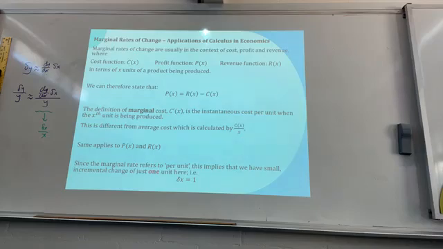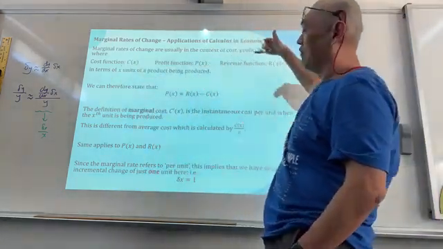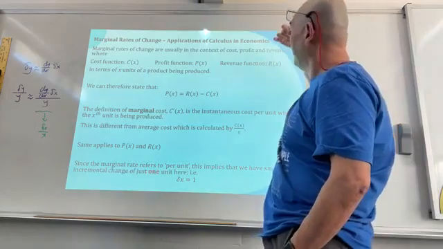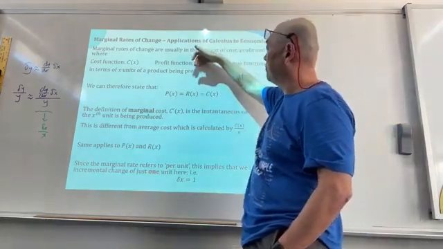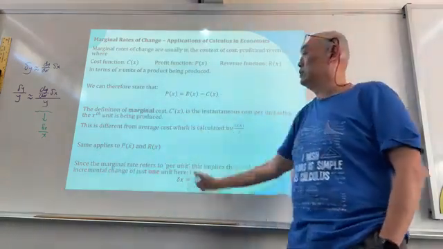And if you know the cost function and the profit function, of course you can work out the revenue function. If you know the revenue function and the profit function, you can work out the cost function. Correct? It's interchangeable.